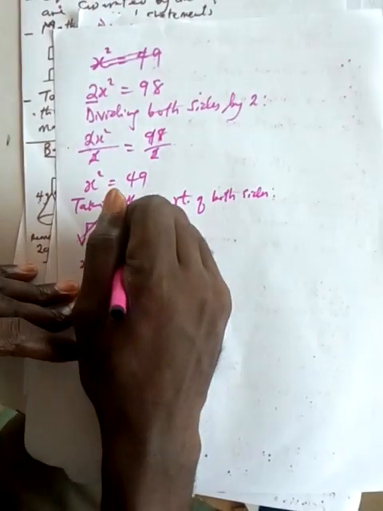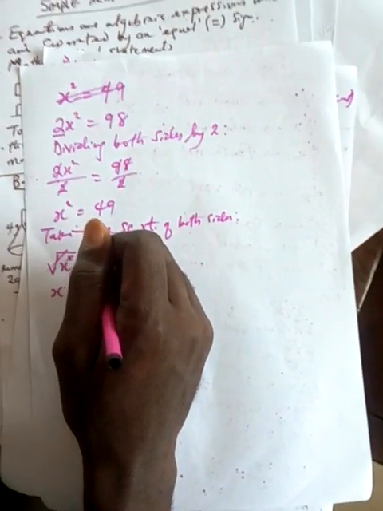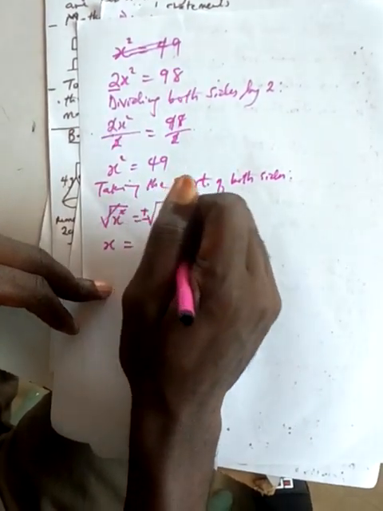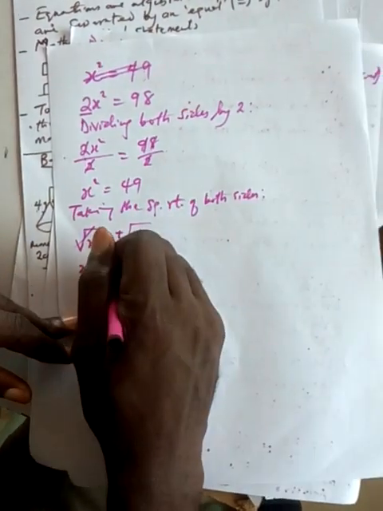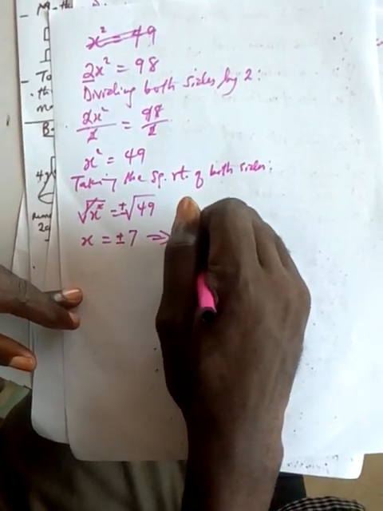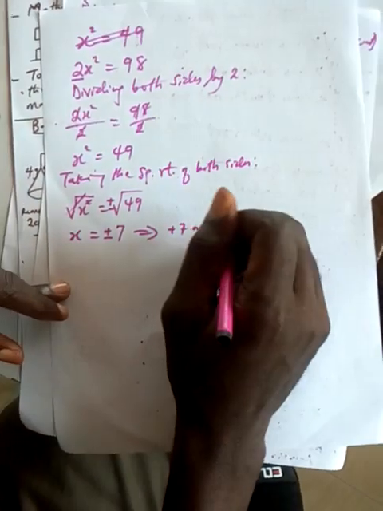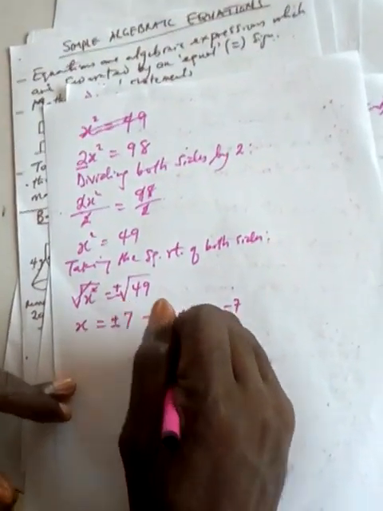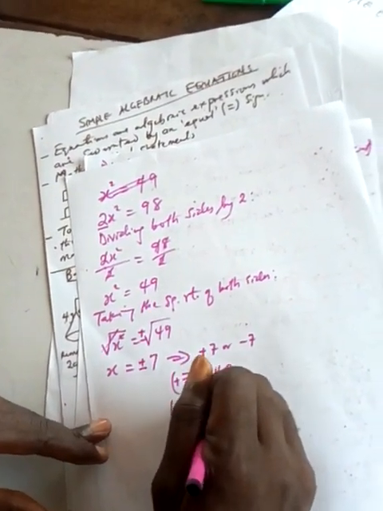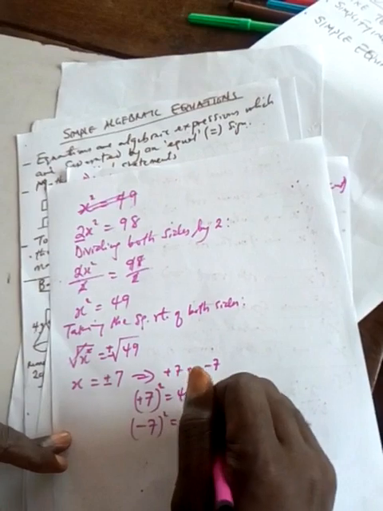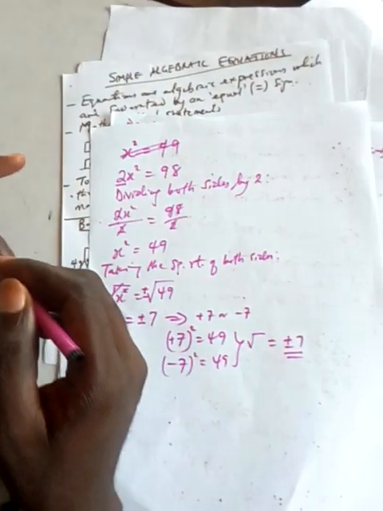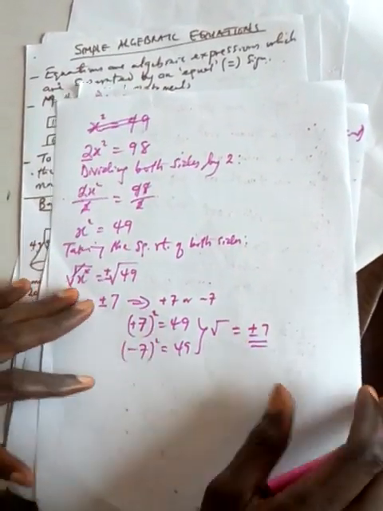This is 7. But then, to find a root of any number, especially the square root, there's plus or minus attached to it. What it means is this: x could be plus 7, x could be minus 7, either plus 7 or minus 7. Because if you square plus 7, you get 49. If you square minus 7, you also get 49. So square root of 49 is plus or minus 7. It's simple that way.